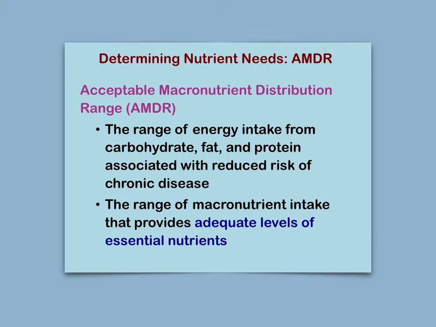Now we want to review acceptable macronutrient distribution range. The range of energy intake from macronutrients, what are those? Carbohydrate, lipid or fat, protein, associated with the reduced risk of chronic diseases. Those are must-haves, that the level is required by FDA.